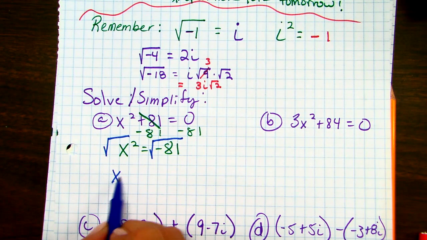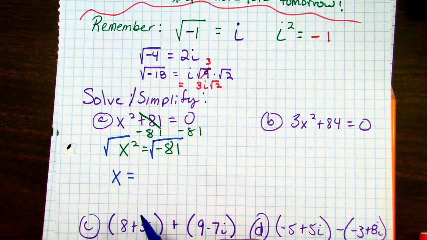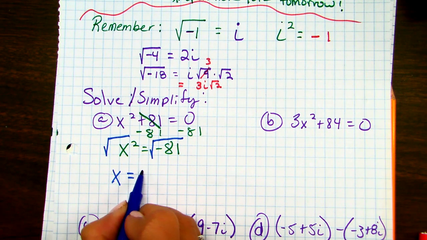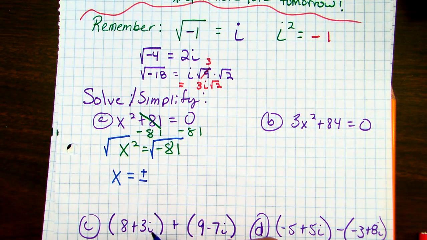So we get x equals, what comes after the equal sign? Yes, but before even that, when you take the square root of something, you get how many solutions? 2. How do I mark that? Remember the plus or minus in front of the 81? We did this, right? Plus or minus.